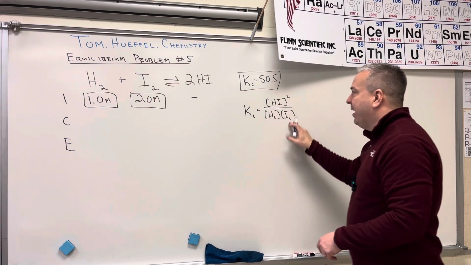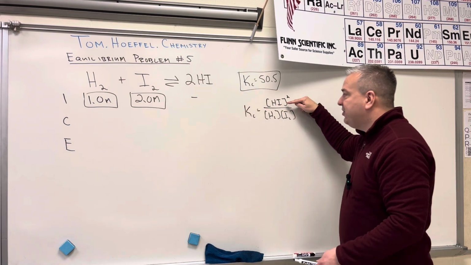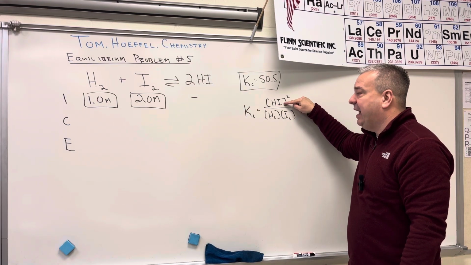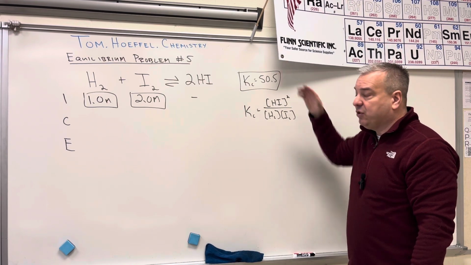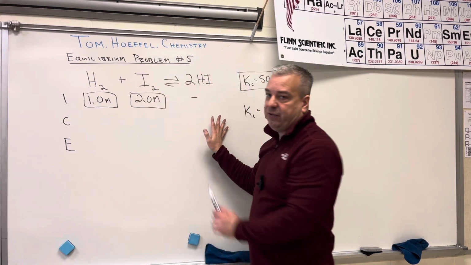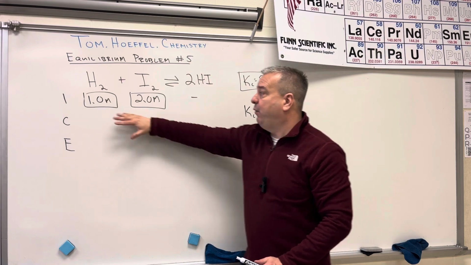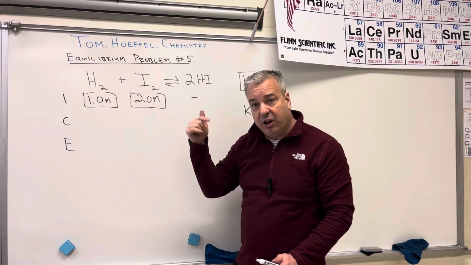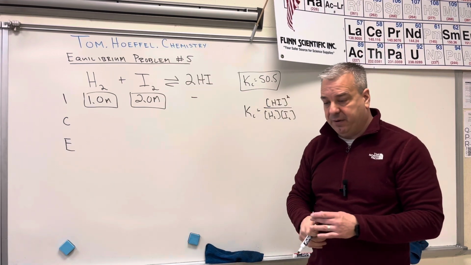And we know that this value is going to end up being 50.5. Well, if there's zero HI, then the equilibrium constant can't be 50. So what we do know is that this reaction initially is going to shift to the right, and it's going to start producing some HI. Of course, the H2 and I2 are going to go down until it gets this value of 50.5.